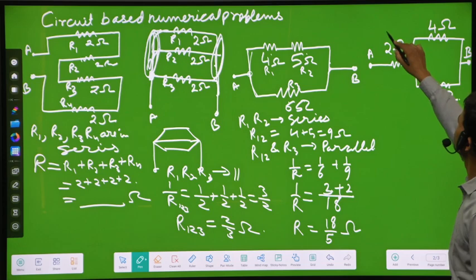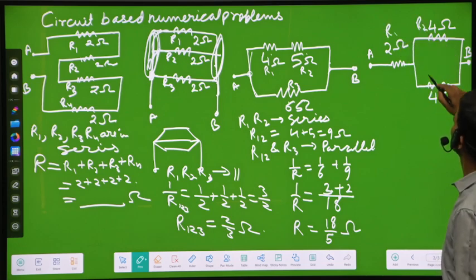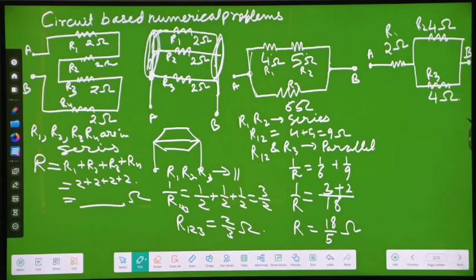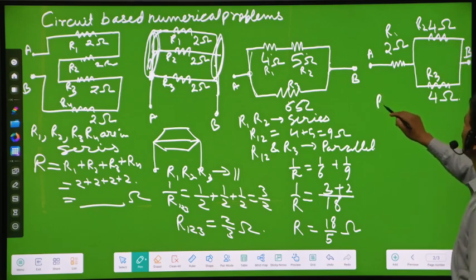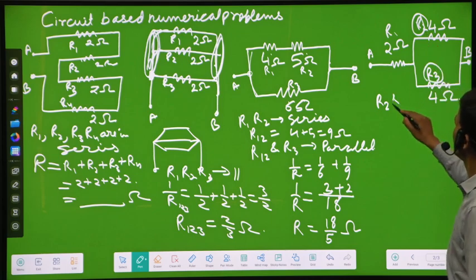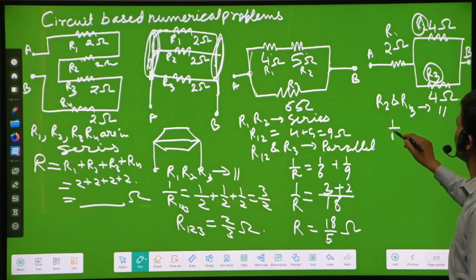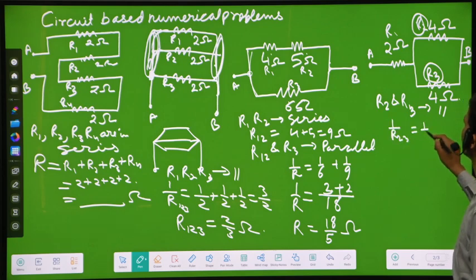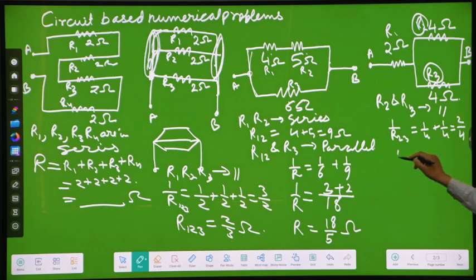Here also, this is R1, this is R2, this is R3. So first we will simplify this. R2 and R3 are in parallel. So 1 by R23 is equal to 1 by 4 plus 1 by 4. That is 2 by 4, and that is 4 by 2, that is 2.